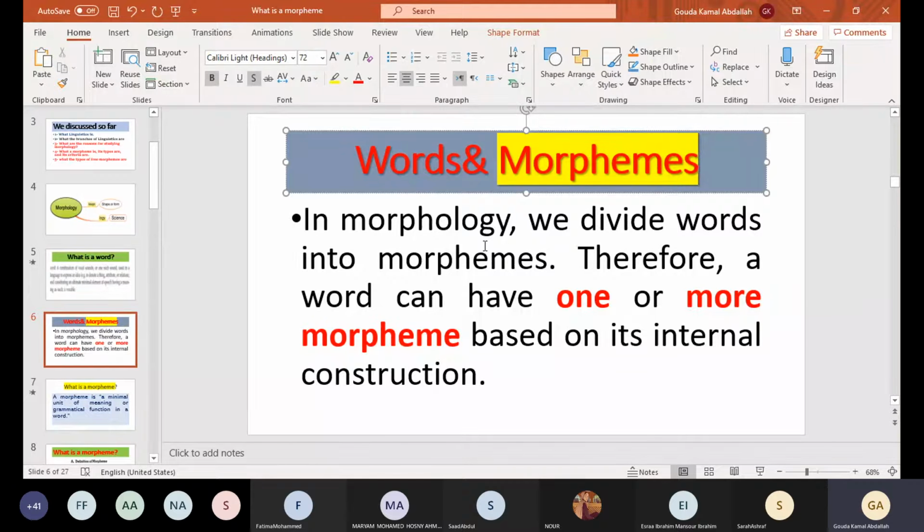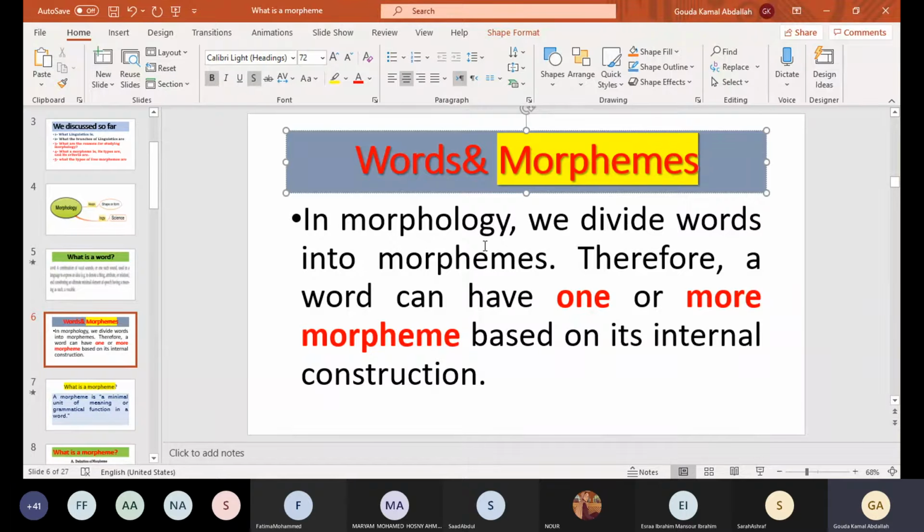So a word could have one, two, three, or more morphemes, not the other way around. The word is a bigger unit, while a morpheme is a smaller unit. We could say a word is the mother of a morpheme, while a morpheme is the daughter of a word.